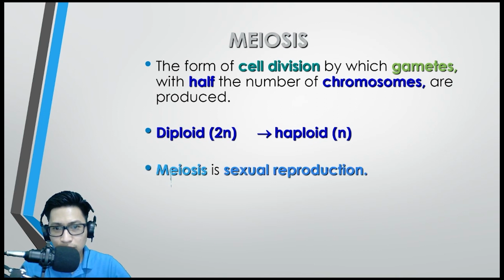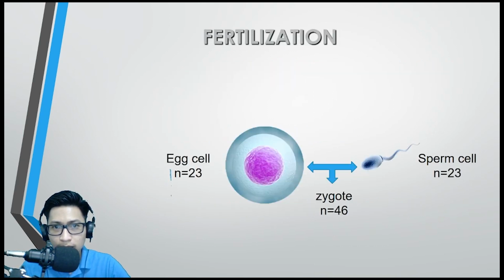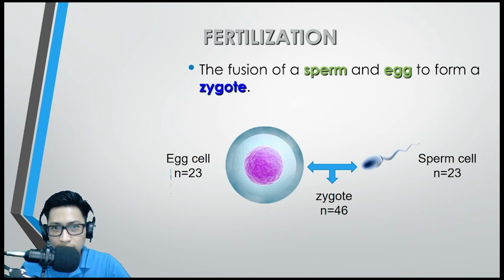Meiosis is used for the sexual reproduction of an organism. We have two divisions of meiosis: meiosis 1 and meiosis 2. Fertilization is the term that we use to describe the fusion of a sperm and egg to form a zygote.